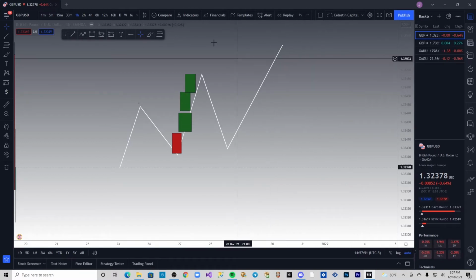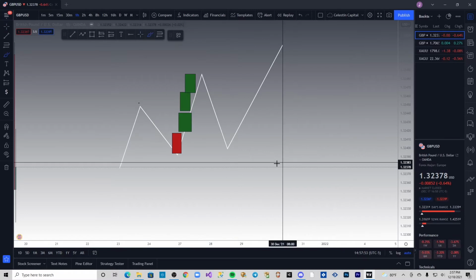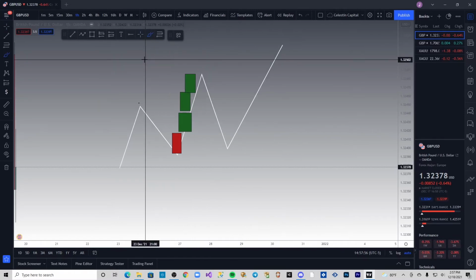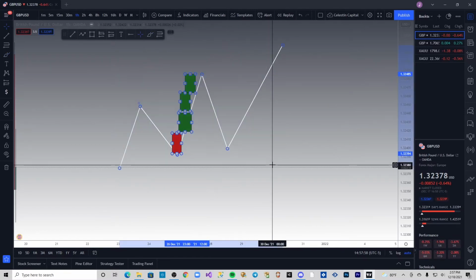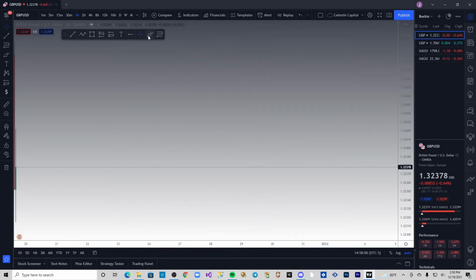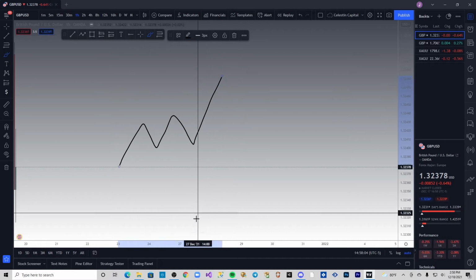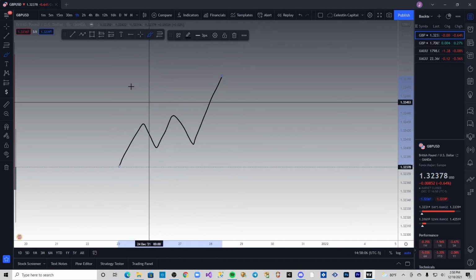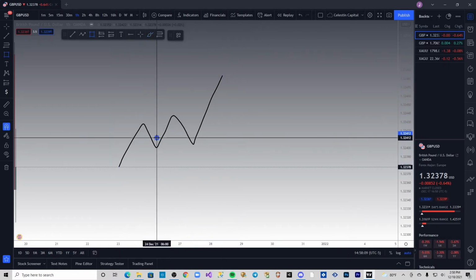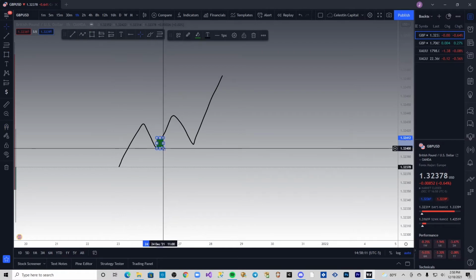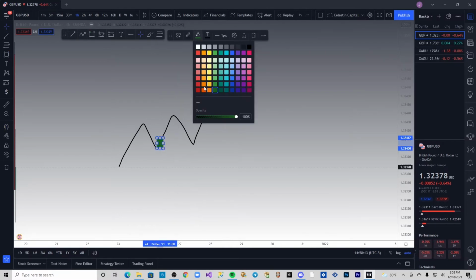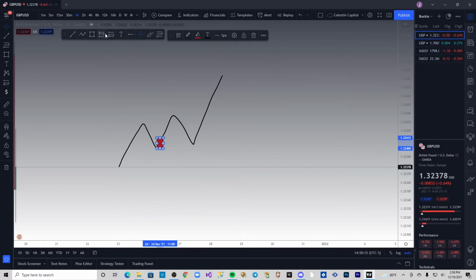So again, let's say we are in structure like this, right? We're in structure, structure, structure, structure. So we have a sell candle over here, a sell candle, and then we have buys, right?